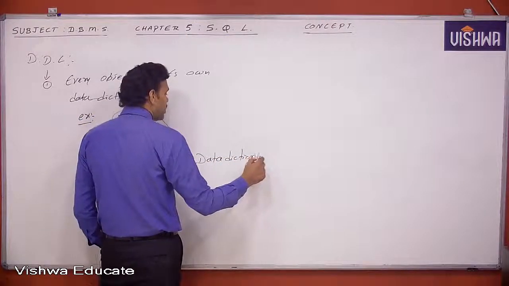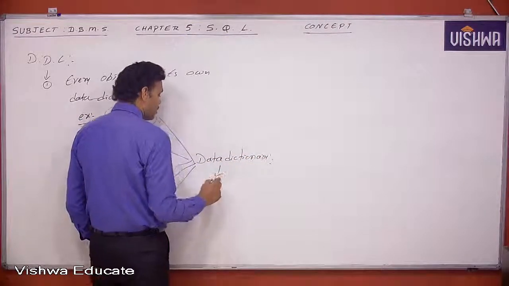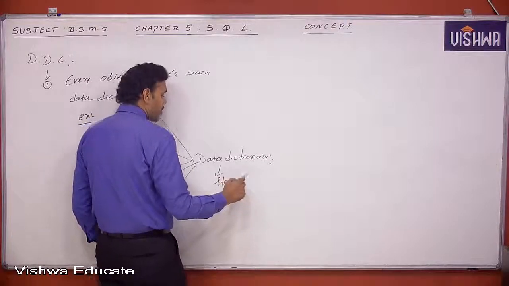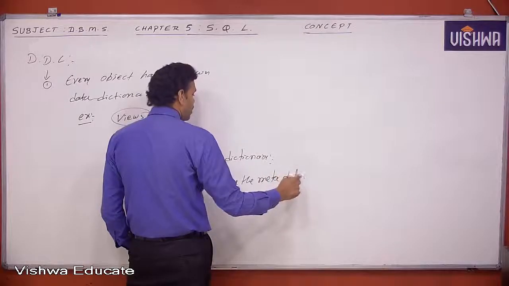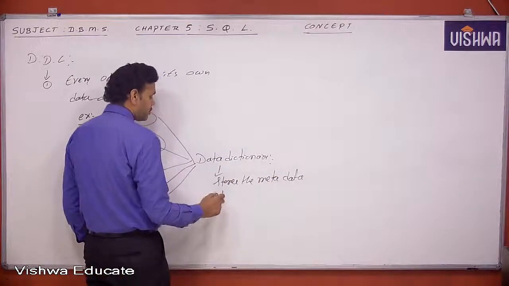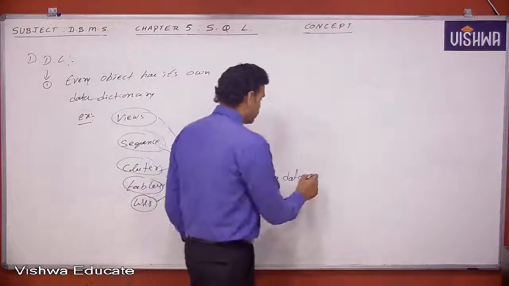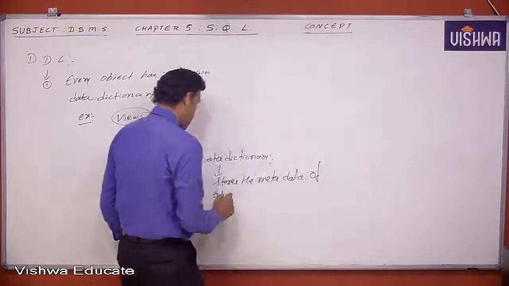So what the data dictionary has is the metadata. That is the meaning of data dictionaries.